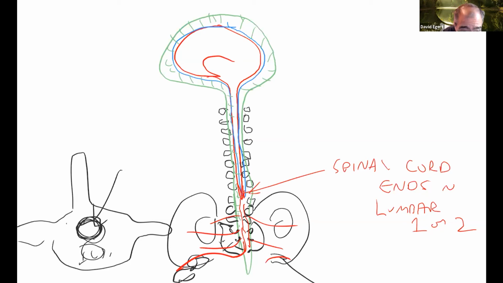But what's nice here is this subarachnoid space is filled with CSF, and it extends down below the very bottom of the spinal cord, which means that you can go in and take a big needle.